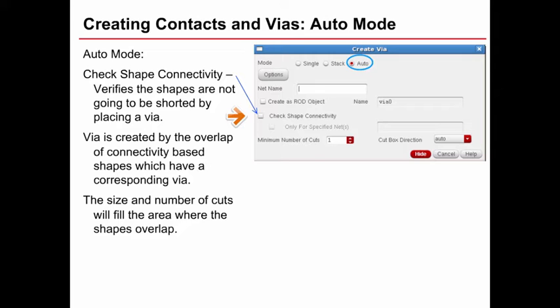It's going to also look and say, if I can tell that I would create a short by putting that contact there, I'm not going to do it. So if you enable that, even though we're in auto mode, it'll check and see if it knows there's a net assigned. It won't put it there.